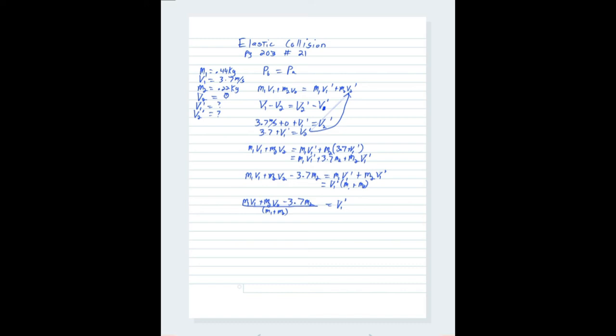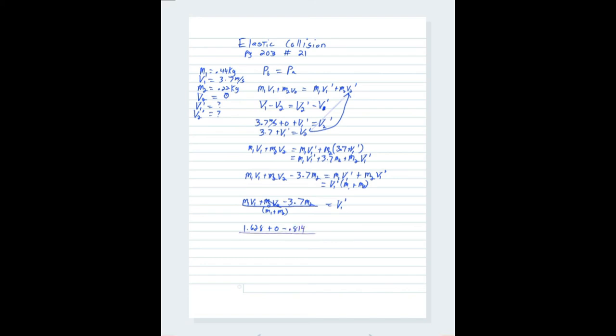Look at my calculator here. Mass 1 is 0.44 kilograms times V1, which is 3.7 meters per second. So that gives me 1.628. M2V2 is 0 because it was not moving before the collision. Okay, and then minus 3.7 M2. 3.7 times mass 2, which is 0.22, is 0.814.